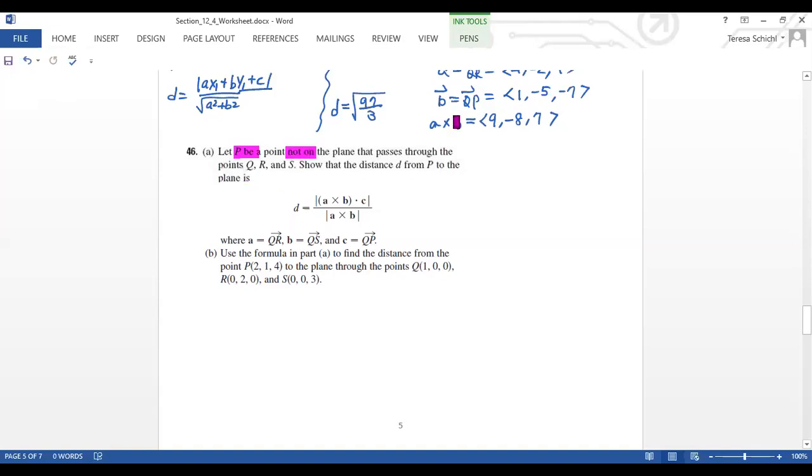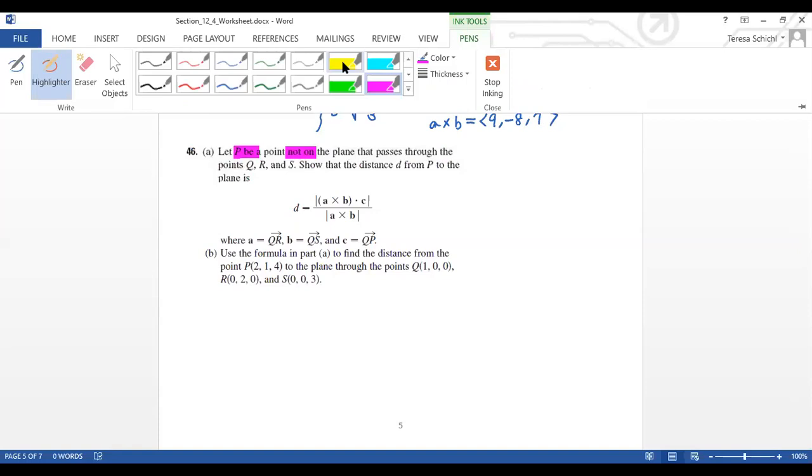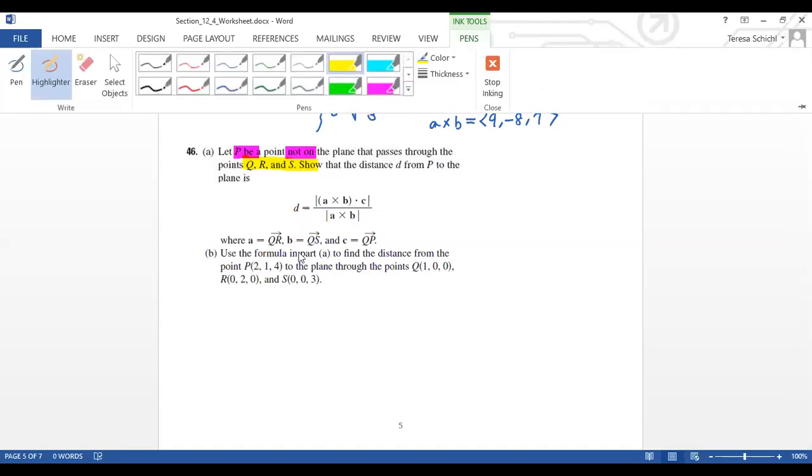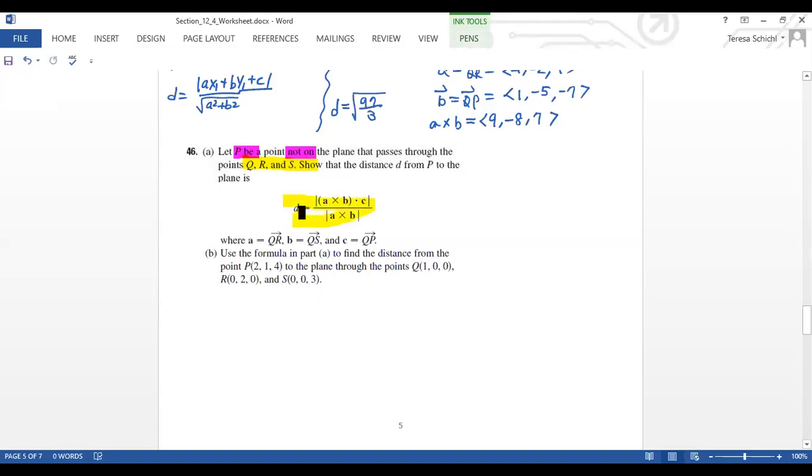This plane is spanned by the three points Q, R, S. Now I want to find the distance from P to the plane, and this is the formula here. So how do we get this formula? Okay, let's take a look.